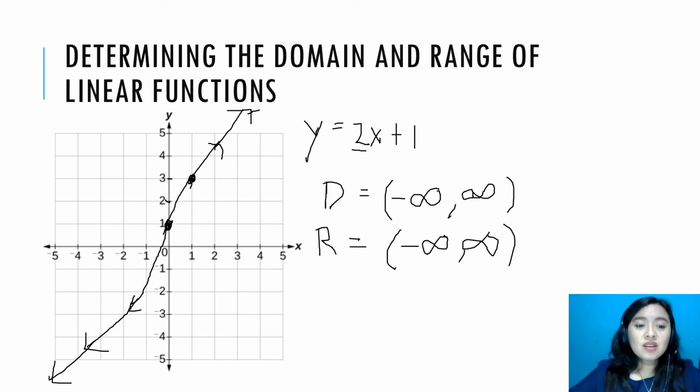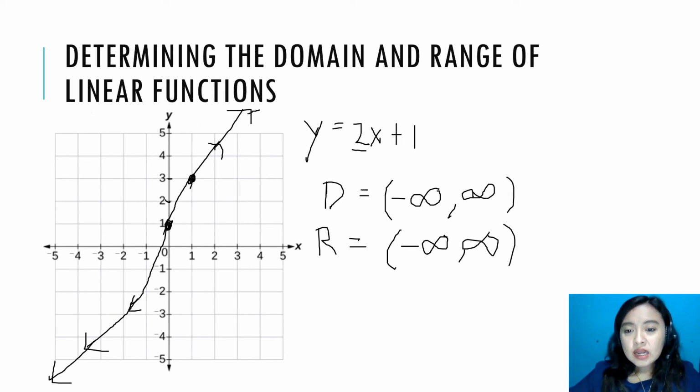Or, if we just analyze it, all numbers on the number line can be a value for the linear function. So, if we write this in simpler form, the domain of this function can be written as any element of the real numbers.